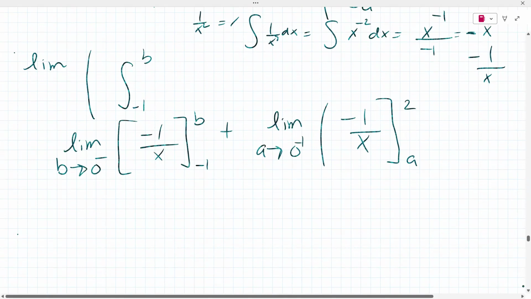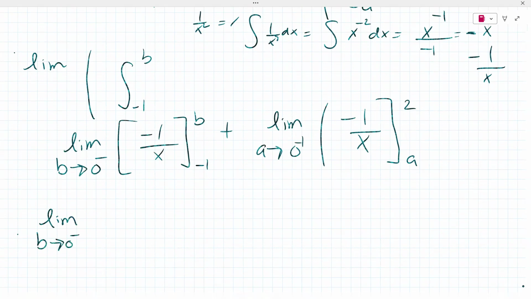So it's going to be the limit as b approaches 0 from the left, and then apply the fundamental theorem. So this is going to be negative 1 over b minus the bracket negative 1 over negative 1, right? And then do the fundamental theorem for this one.